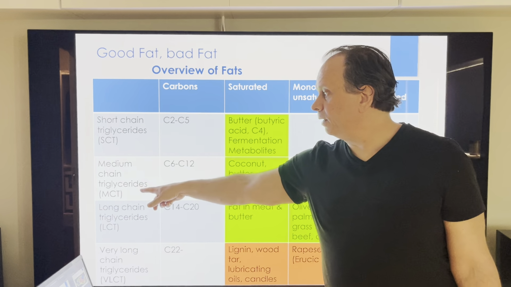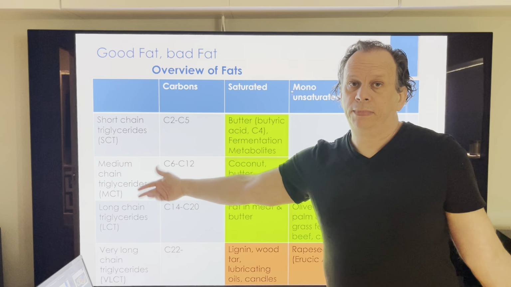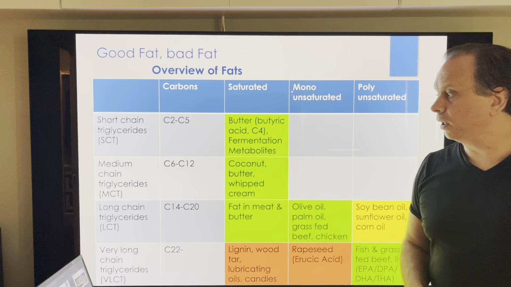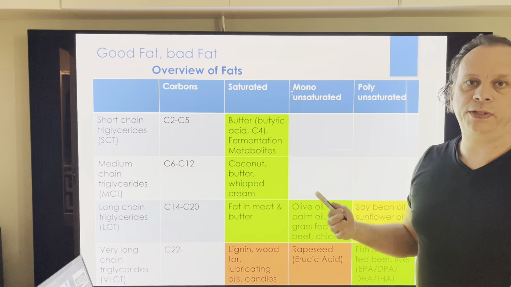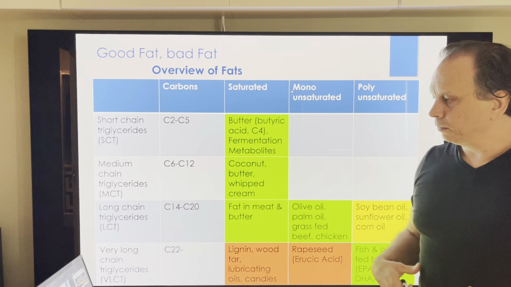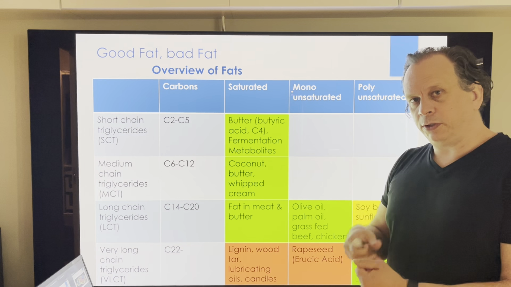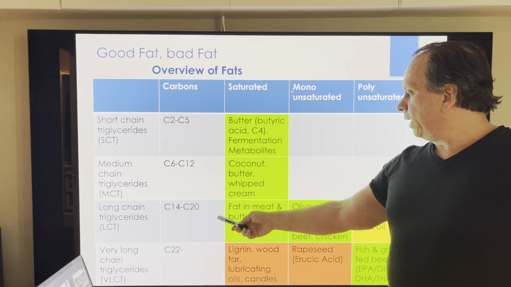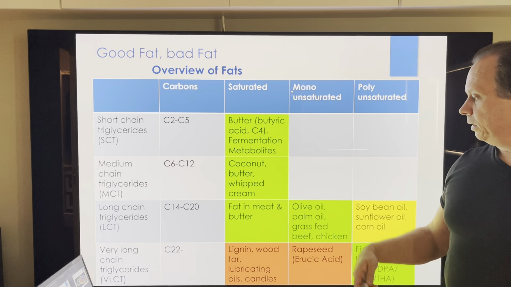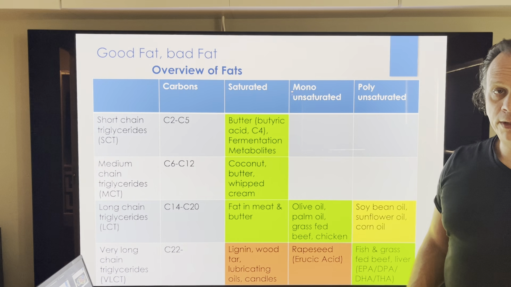So the tri means 3 fatty acids connected to 1 glycerol. That is regular fat as we eat it and as we store it. And then how we use it, we break them loose and use the fatty acids. The long chain, you find them also in meat and butter, the saturated ones.